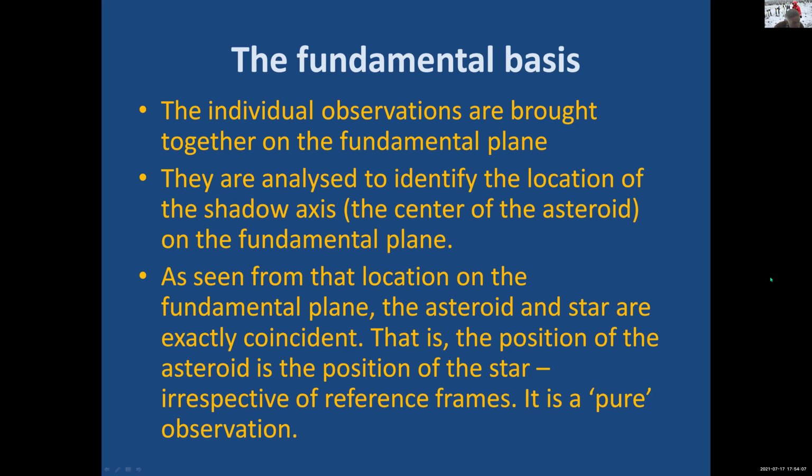as seen from that location on the plane, the asteroid and star are exactly coincident at that precise time. And that coincidence exists irrespective of any star reference frames, whether it's the apparent reference frame, the current J2000 reference frame, whatever. It is a pure observation.